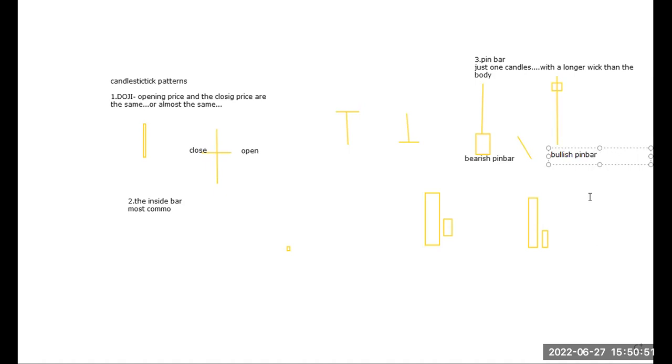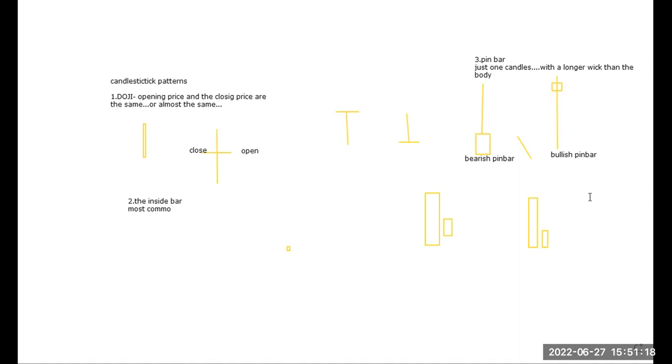Like I said, these candlesticks have one half, the wick or shadow, bigger than the body. There are two types, bullish and bearish. Remember, the bullish pin bar is a reversal candle that occurs in a downtrend to illustrate a reversal of a trend.